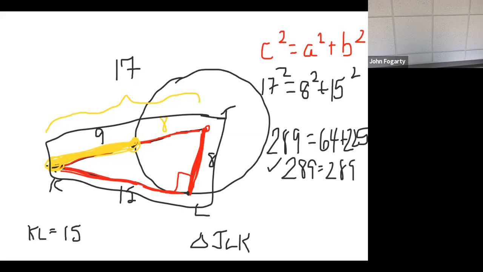Let's try another one. This one's going to be a little more algebraic. Use the tangent to find x. All right, so here's what I got. I got a circle, and this is called circle G. And I'm going to tell you, this is tangent.